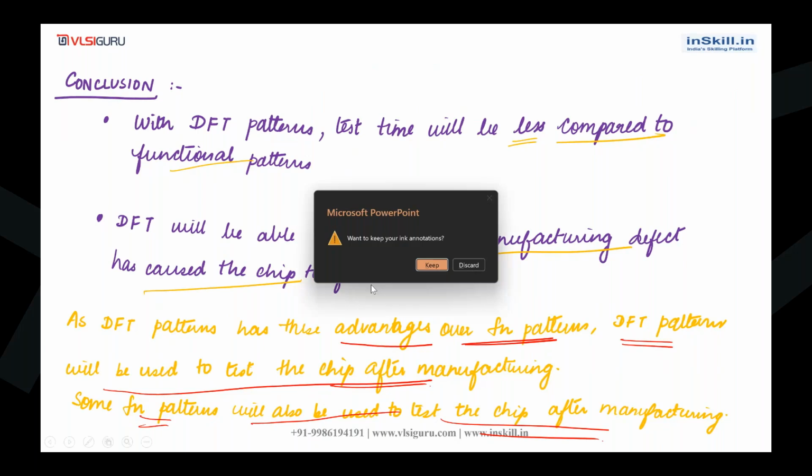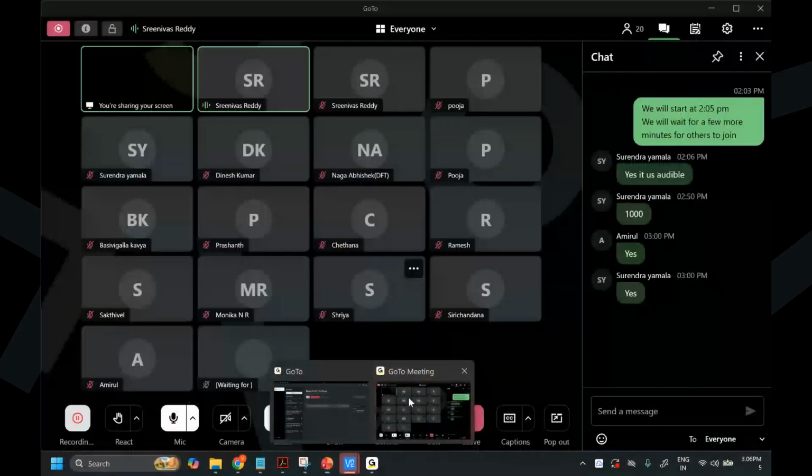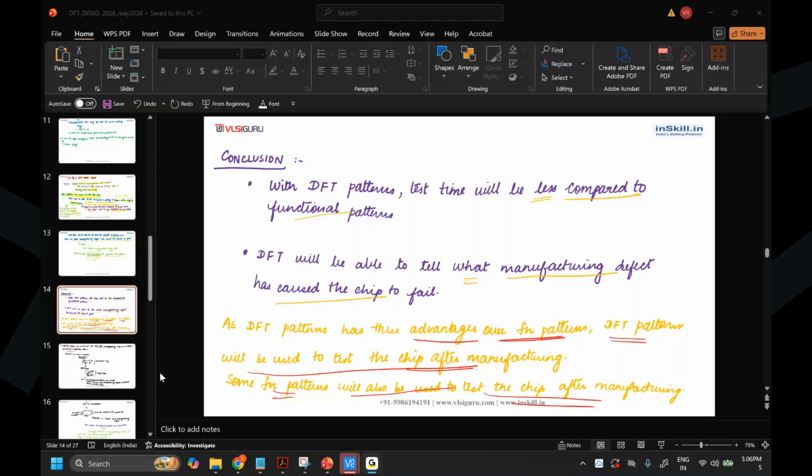Why do we need a functional verification team?